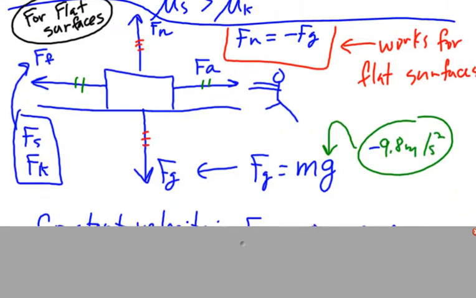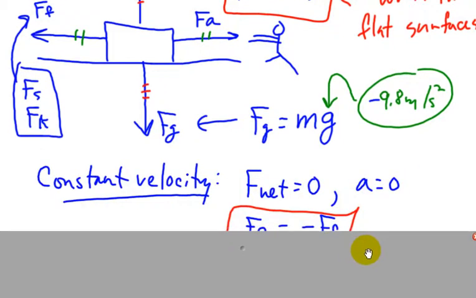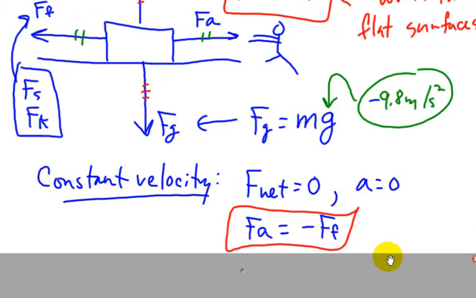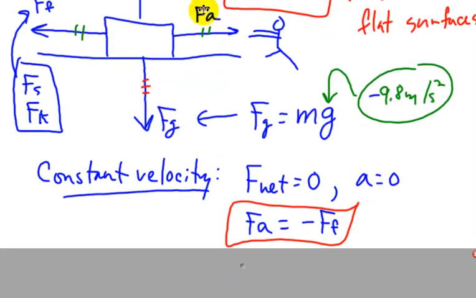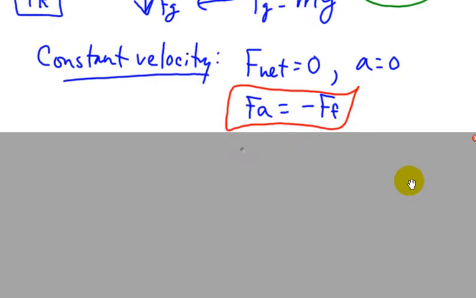Now the two situations that we looked at, either constant velocity or acceleration. If it is a case of this thing is moving at a constant velocity, that must mean it's not accelerating. And if it's not accelerating, there's no net force. So Fa and Ff are equal. So this diagram would hold true for something that's moving at a constant velocity, not accelerating. The applied force is equal to the friction force.